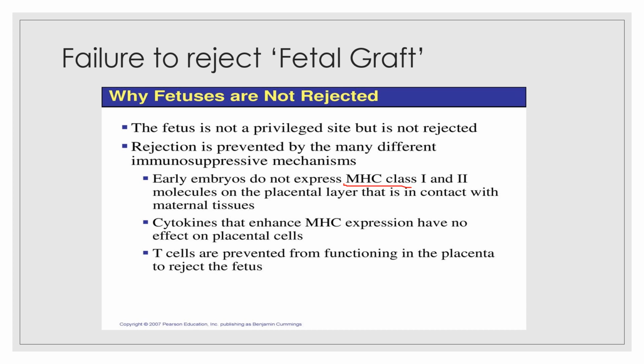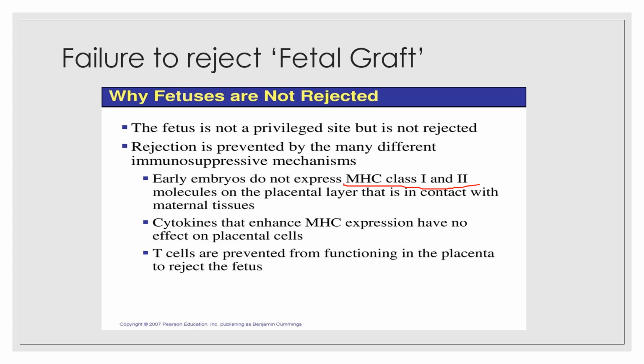It does not express this MHC1, and we know the HLA is the normal expression of this major histocompatibility complex, MHC. So all cells will express this class 1. So when this is not expressed, it will be identified as a foreign thing.